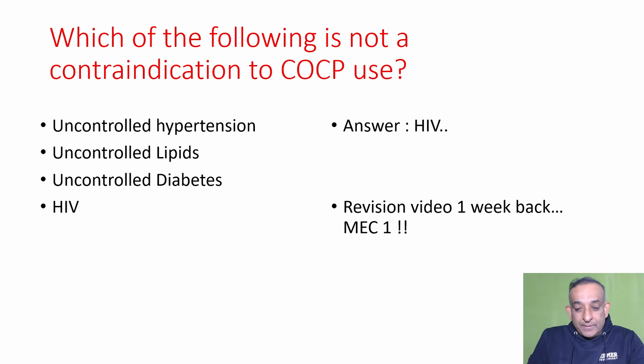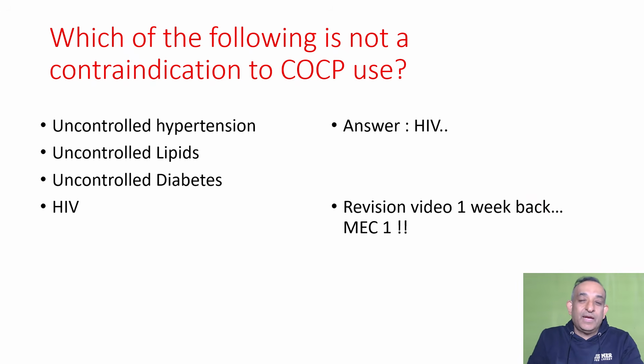Remember, I told you in the revision class which I took on YouTube a few days back about MEC 1, MEC 2, MEC 3, MEC 4, the medical eligibility criteria. MEC 1 and MEC 2 are generally the criteria where, for example, in a patient with HIV, you can give COCPs as a contraception without any problems.